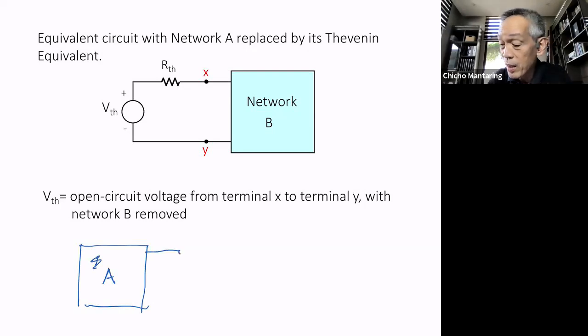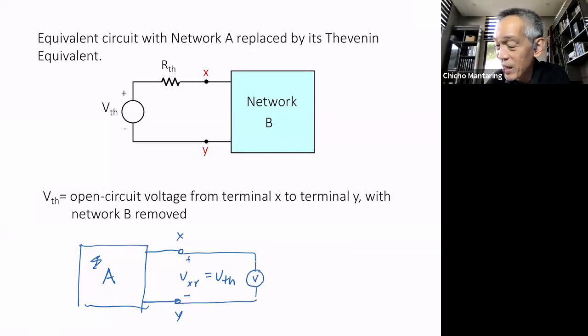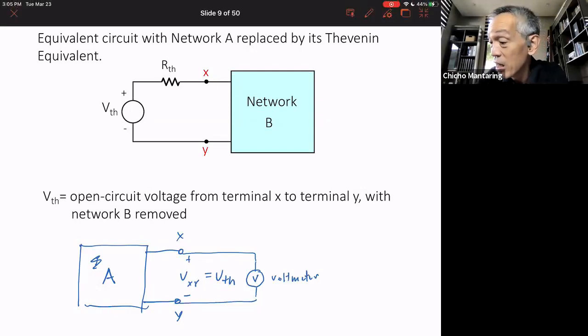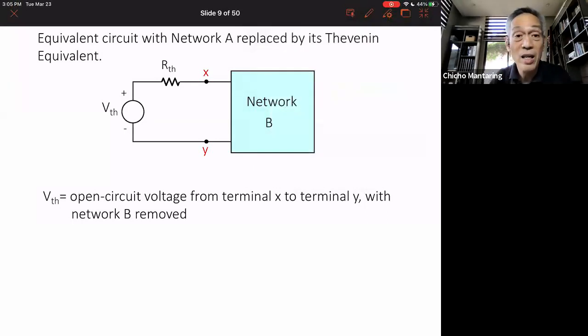Network A, this is X and Y. If I get a voltmeter and I measure this voltage, VXY, this is actually VTH. Kung magkabit ako dito ng voltmeter, ano? I don't know whether you've ever used a voltmeter. And then you measure this value, that is actually VTH.